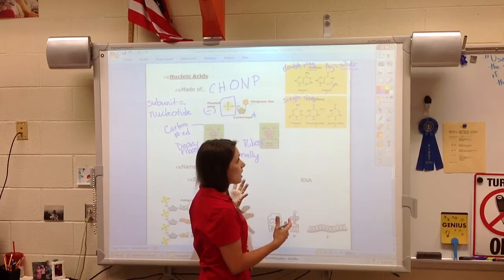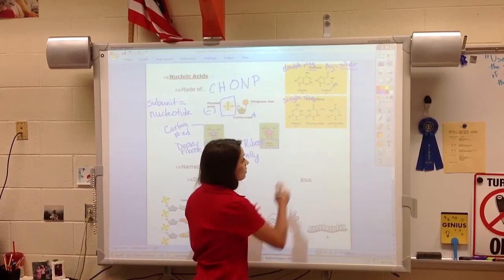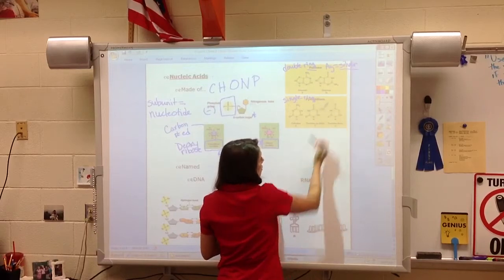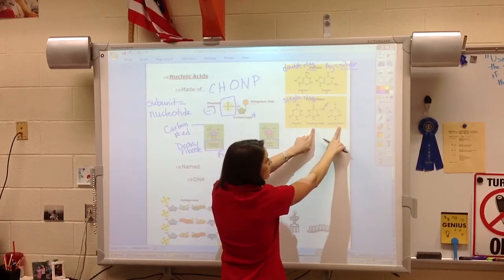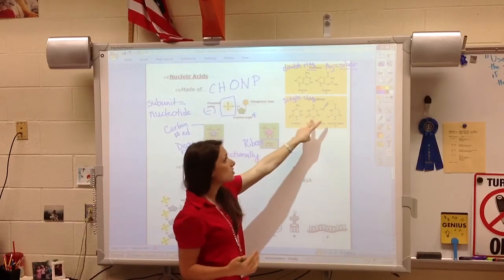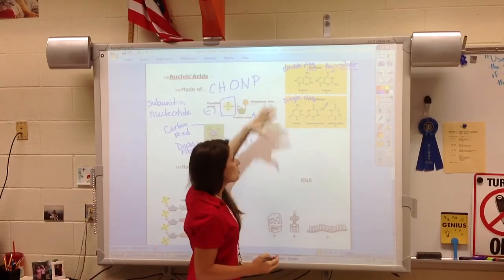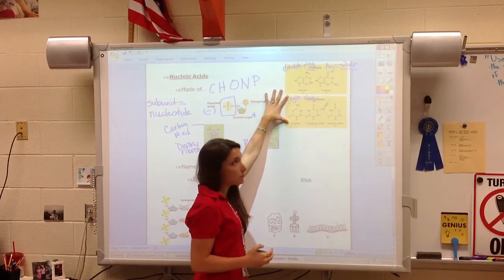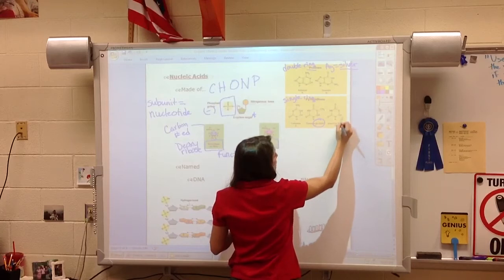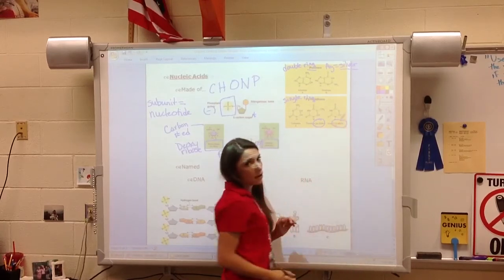You should actually be able to kind of identify the difference here. We are missing what's called a methyl group or single carbon out here. That's the difference between thymine and uracil. You don't need to know the difference, but you should be able to identify the difference. So we've got 5 possible nitrogen bases. Thymine is only in DNA, and uracil is only in RNA.